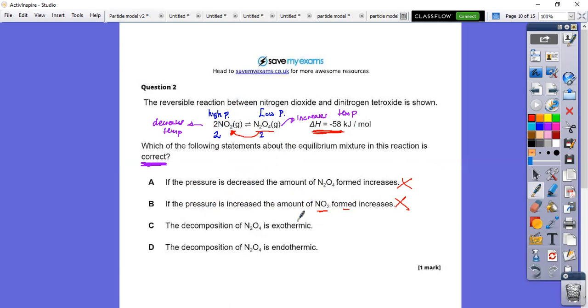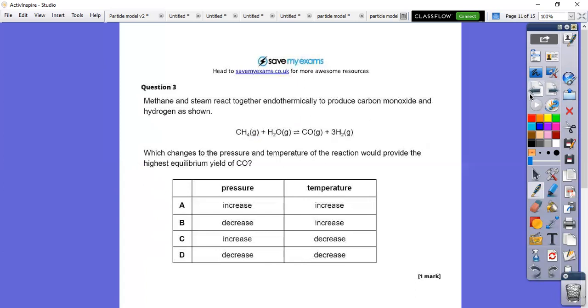So the decomposition is endothermic, not exothermic. So this can't be right either. The decomposition of N2O4 is endothermic, and therefore our correct answer is D. Did you follow that? Okay, good. Number 3.